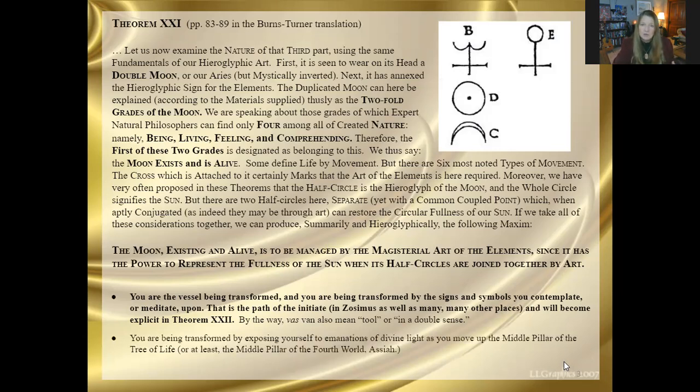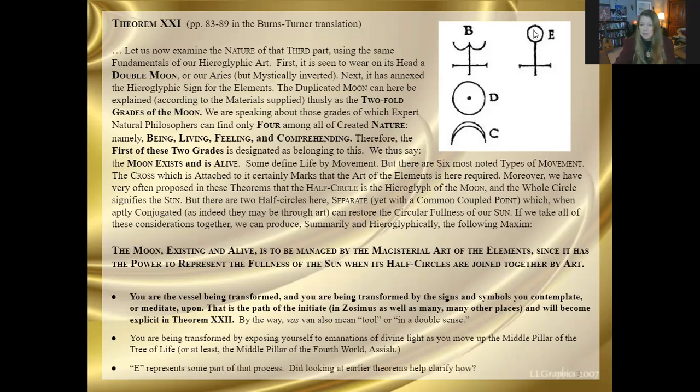So the idea is that you are transforming yourself by letting these different transformational symbols, as Jung would call them, and these emanations of divine light, because that's what the Sephira are, after all, as you move up the middle pillar of the tree from Malkuth to Tiferet, or at least up the middle pillar of the tree in the world of created nature, or Asiah.